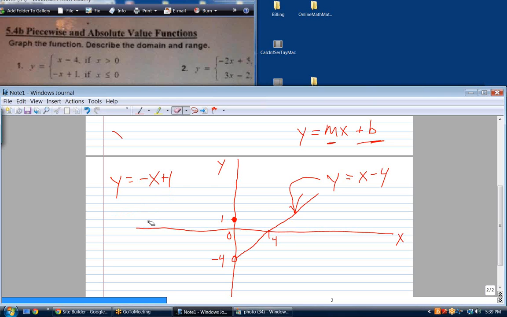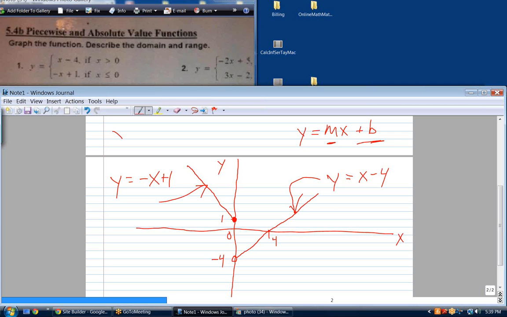And negative 1 is the same angle as positive 1, but it goes like this. In other words, this has negative slope. The one on the right has positive slope. So now we've graphed it entirely.